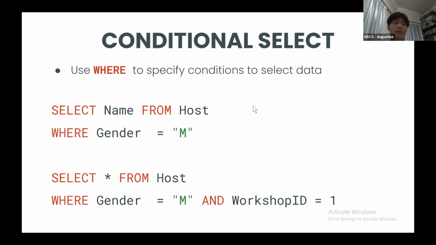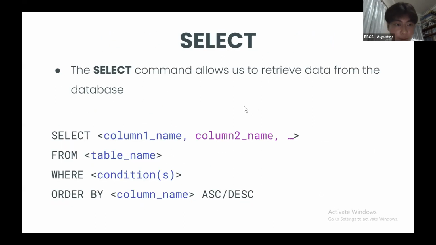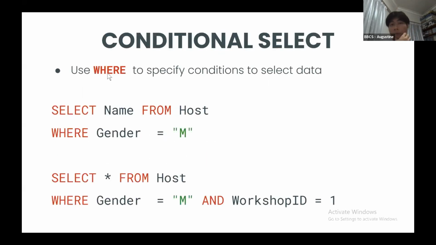Now let's move on to the conditional select. Remember just now we had the little word here, where. We have to use the word where to specify the specific conditions under which we want to select the data. So we just put in the select, and then if we want to select everything, remember we use the asterisk from the table, and then the next line is where, which is a condition that we set for the line of code.